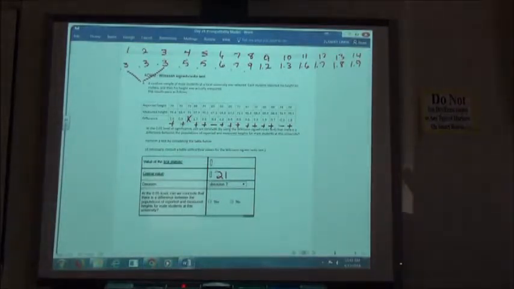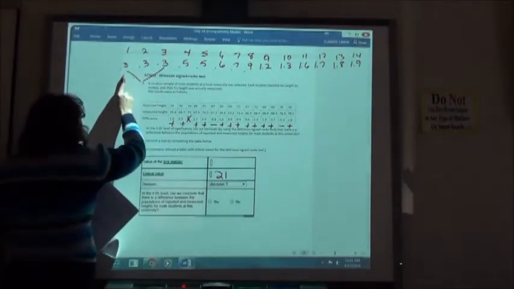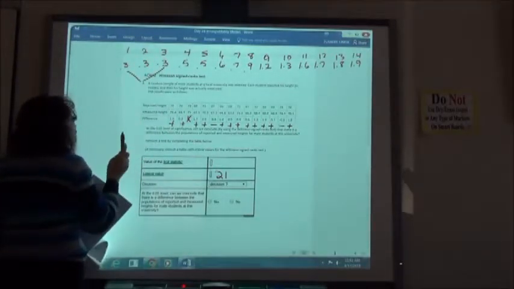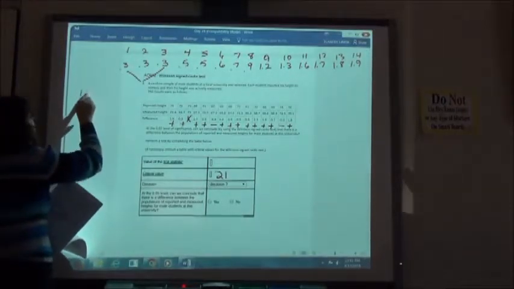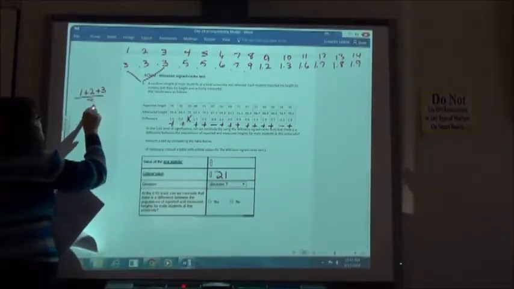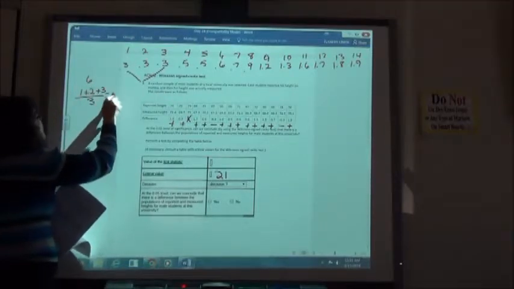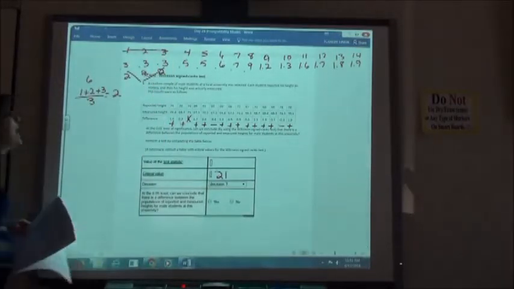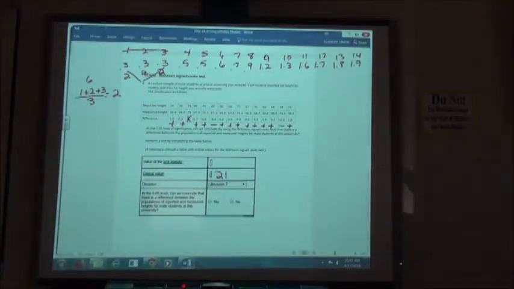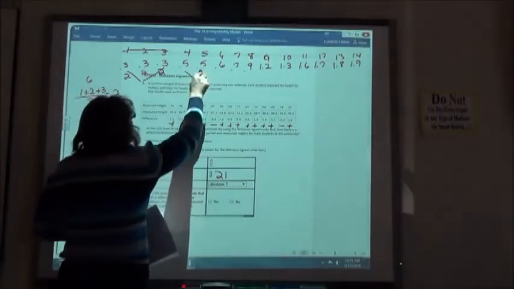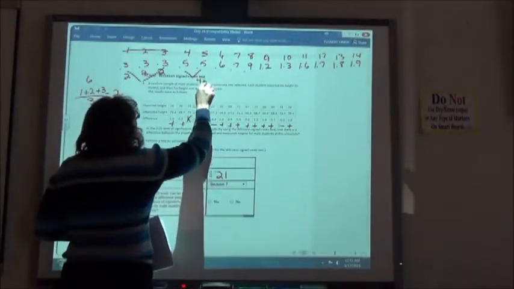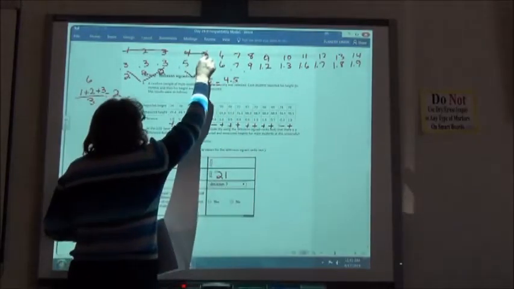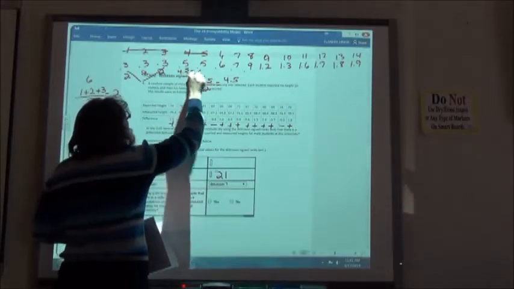So instead of saying this is 1, this is 2, this is 3, because they're all the same, I'm going to average them and give them all the same rank. 1 plus 2 plus 3 divided by 3 is 6 over 3, which is 2. So I'm going to give all of these a value of 2. On these ones I have a 4 and a 5. 4 plus 5 divided by 2 gives me 4.5. So I'm going to give both of them values of 4.5.